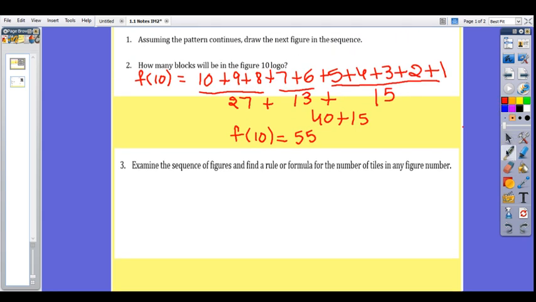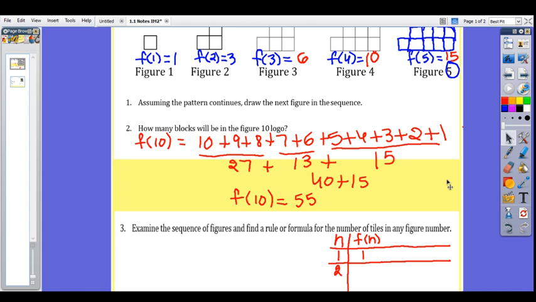So if you remember from last year, we used to make a table. So let's make the table for them. So this is your n, and this is your f of n. If n is 1, then this is 1. If it's 2, then there were three of them.